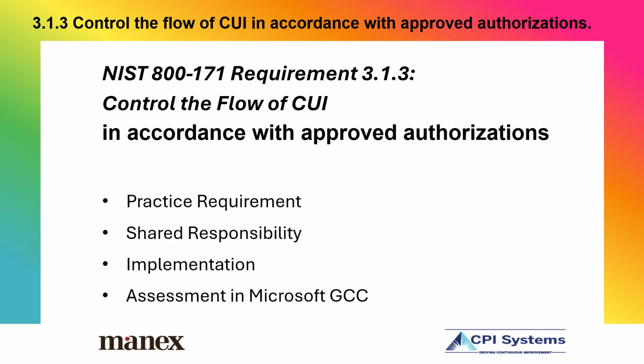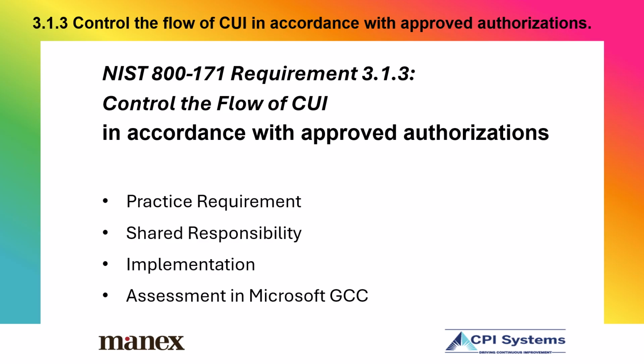Now let's look at NIST 800-171 requirement 313, another requirement in the access control family for contractors handling controlled unclassified information, or CUI for short. We'll unpack the requirement itself.